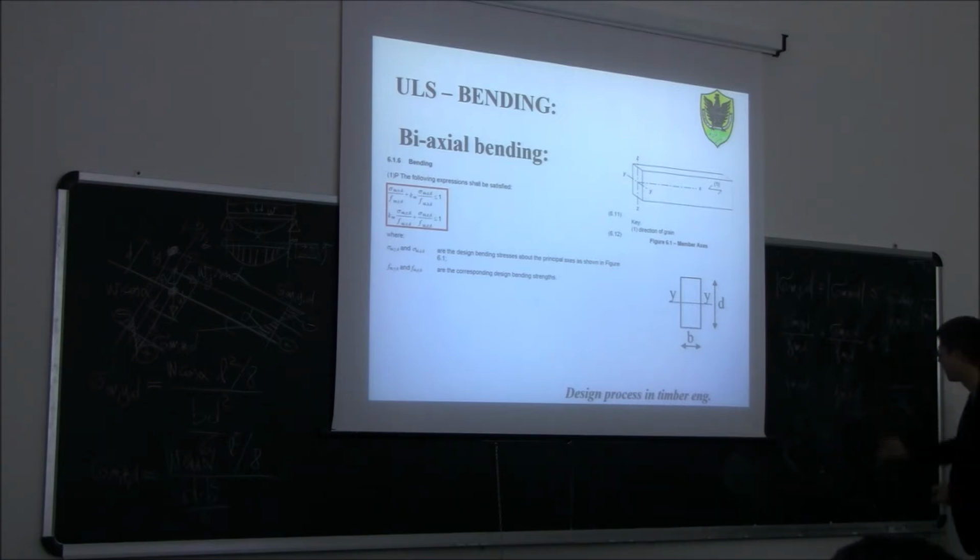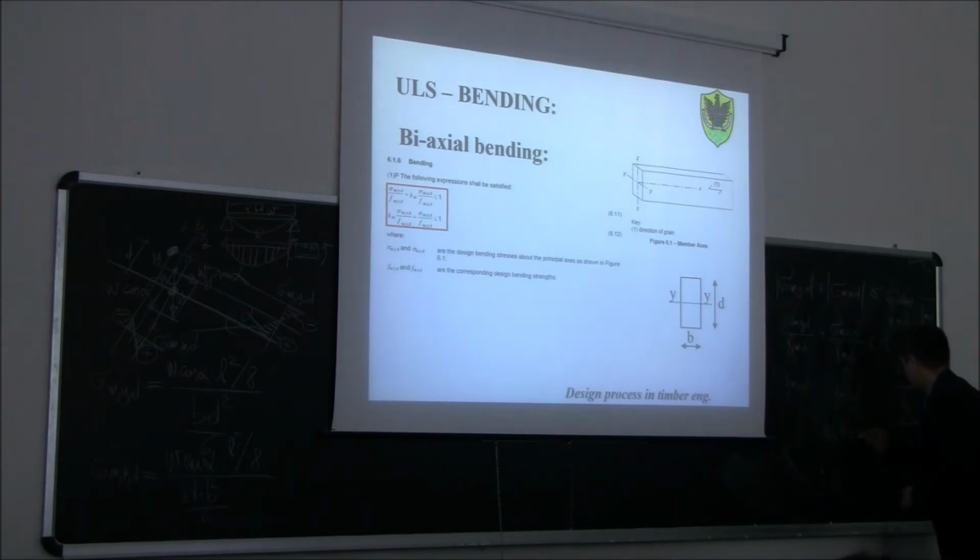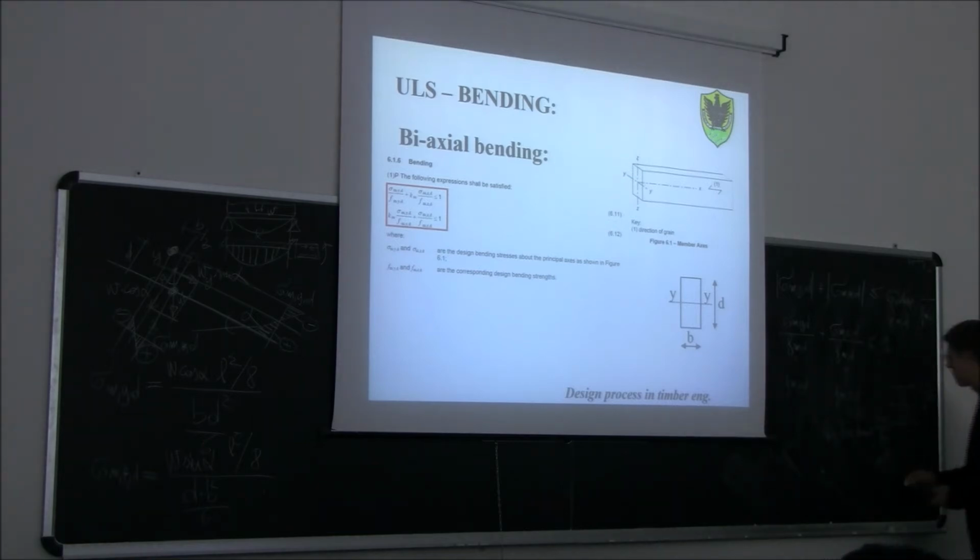So f m z d would be k h times k sys times k mod times f m k divided by gamma m.